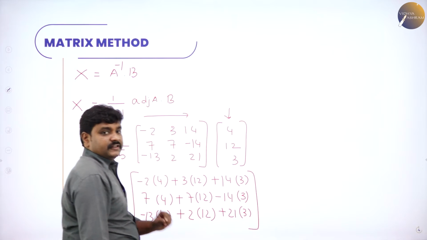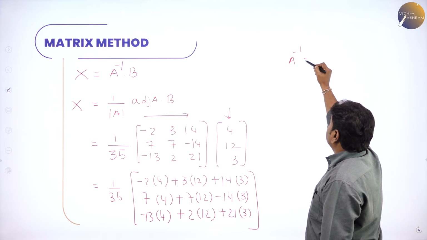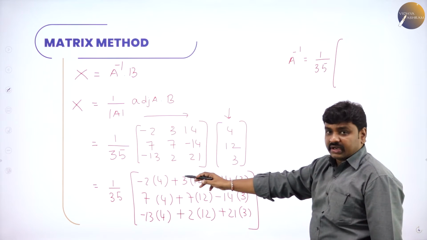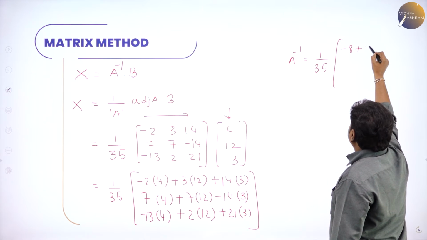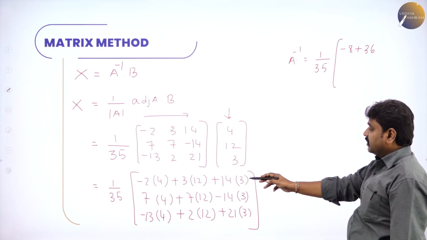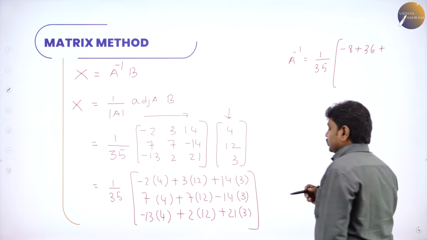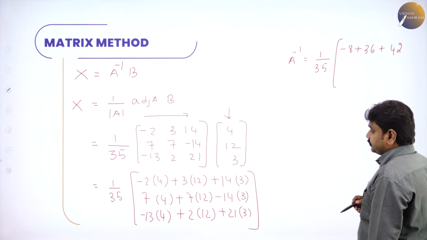Now simplify this. If you simplify you'll get X equals 1 by 35 times: minus 2 4s are minus 8 plus 12 3s are 36 plus 14 into 3, 42.